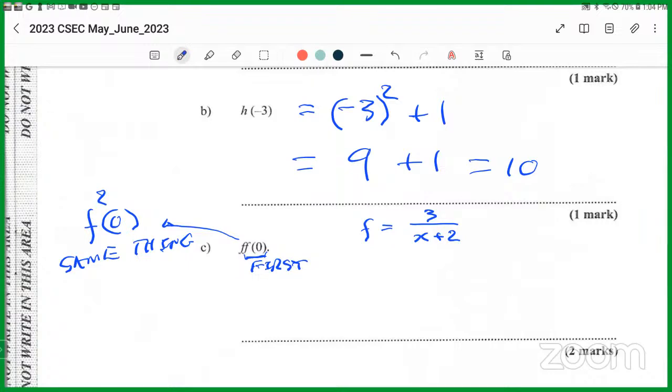With f of 0, we're plugging 0 into the f function. Putting 0 here, I get 3 over 2.